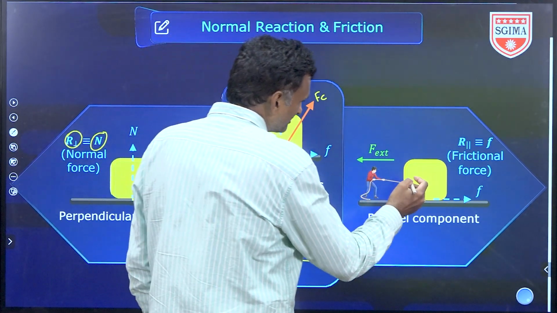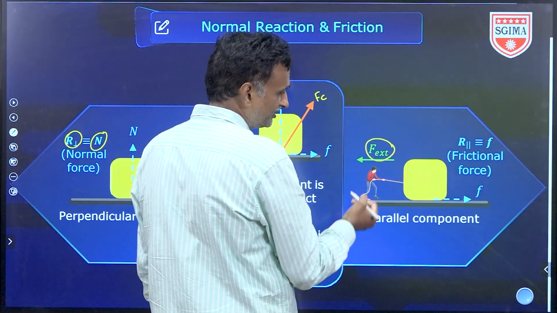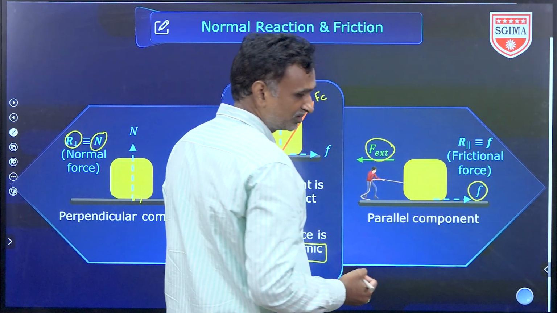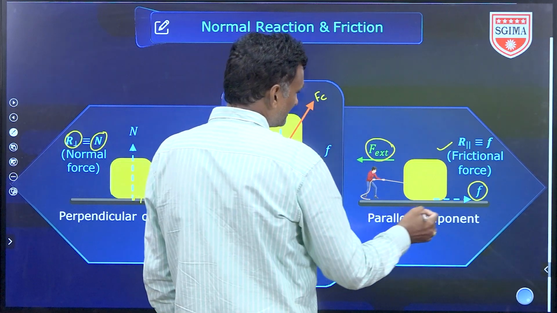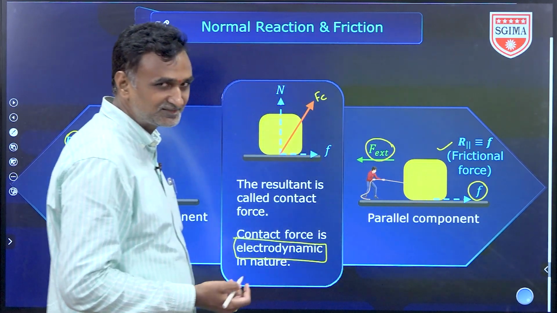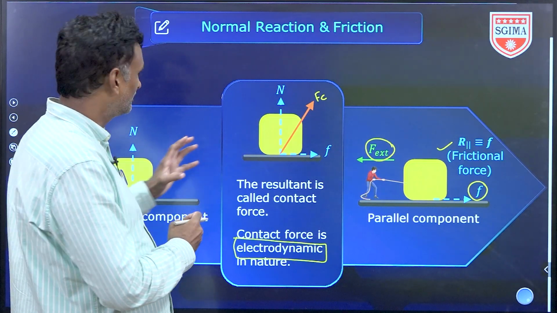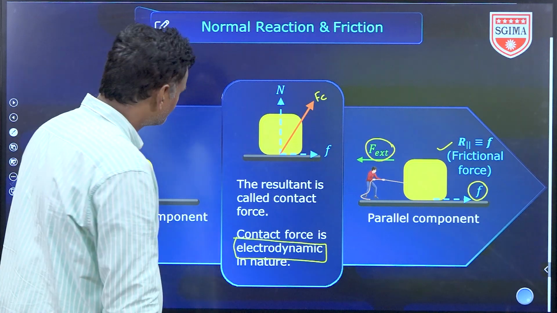Parallel force means whenever one person is applying some force on the body to pull it, some dragging force acts opposite to motion, right? That force is called frictional force. It is the parallel component of the contact between the surfaces. So this is how a contact force is divided into normal and friction force, right?